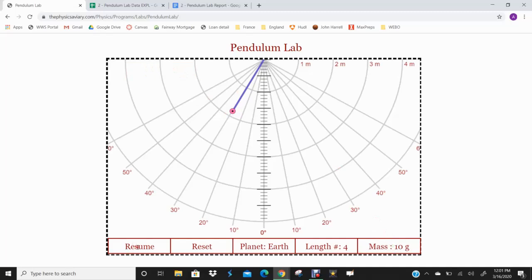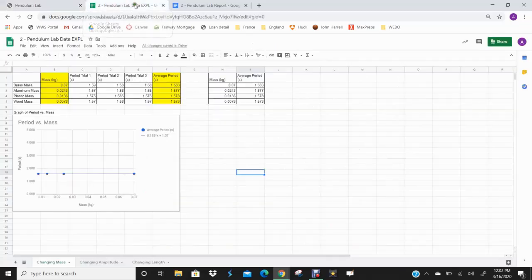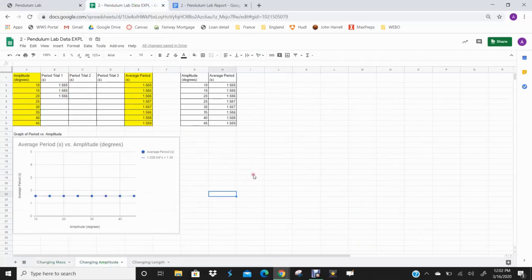Now it's down to 10 grams. So we just went from 500 to 10, so that's a huge difference in mass. Still 2.7 seconds. Okay, so you can see that changing the mass here does not change the period. It's always going back to the same spot. Okay. All right, so we'll go ahead and move on to our changing amplitude.